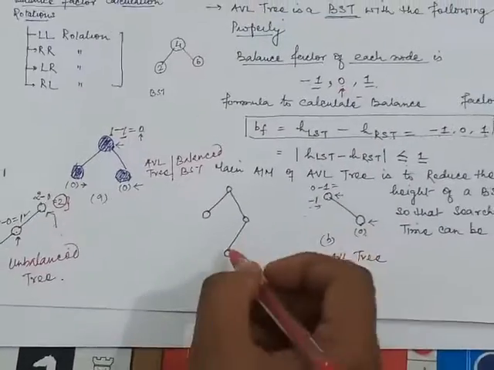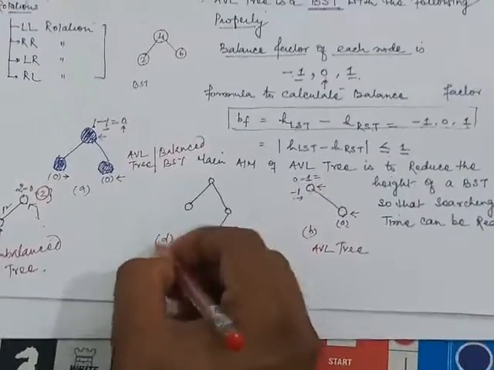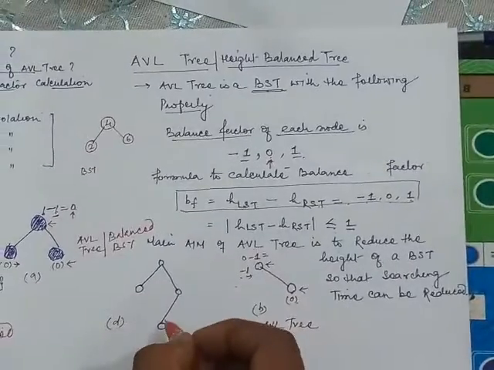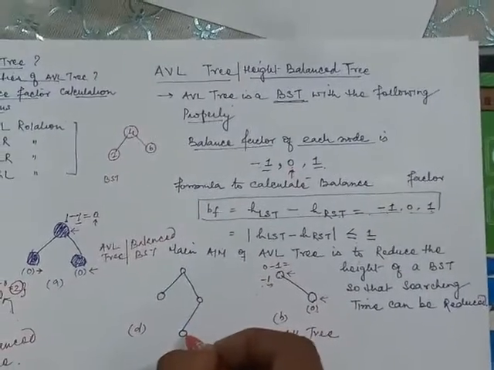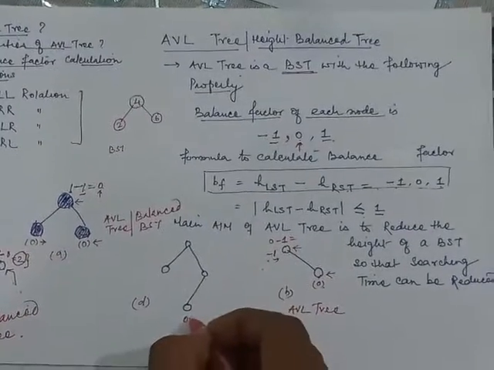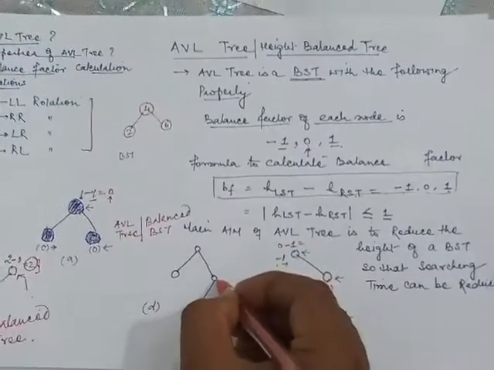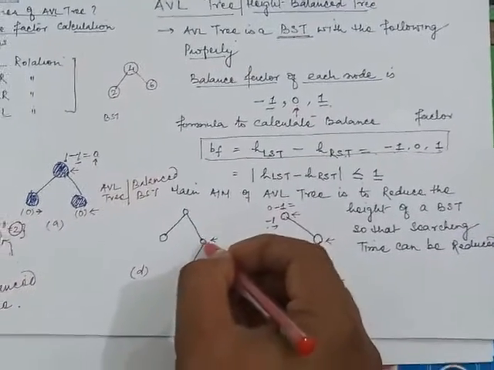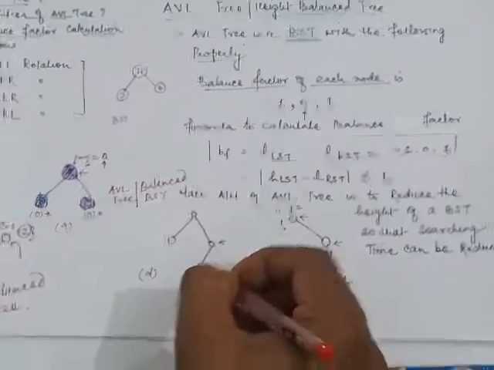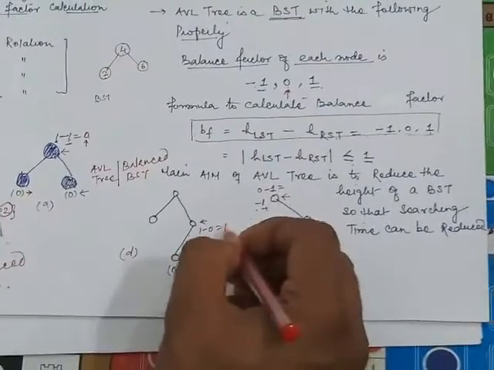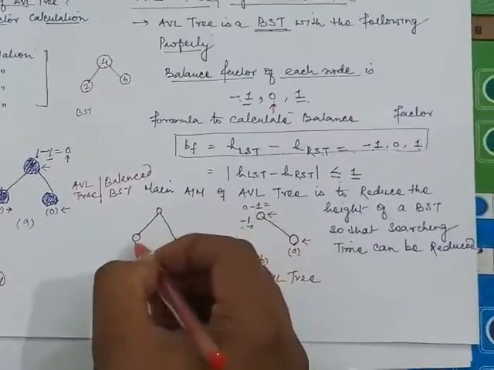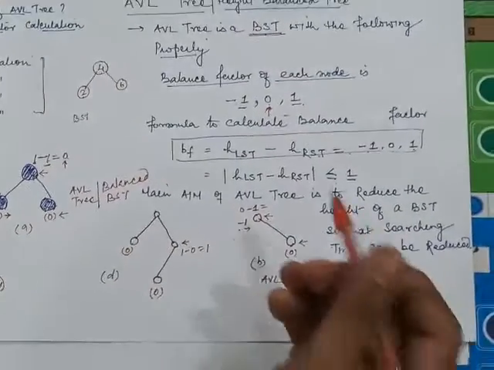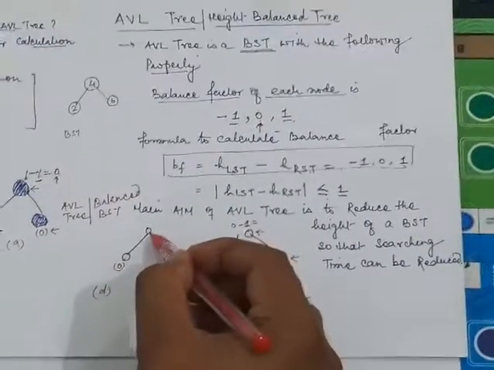We'll take another example here. In this case, we can see the balance factor of the leaf node is 0. The balance factor of this node is height of left subtree, how many are there on the left side? 1. So 1 minus 0 is equal to 1. Then what is the balance factor of the leaf node? 0. And what is the balance factor of this node?